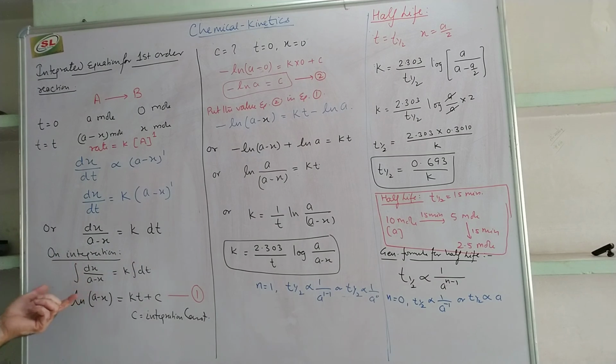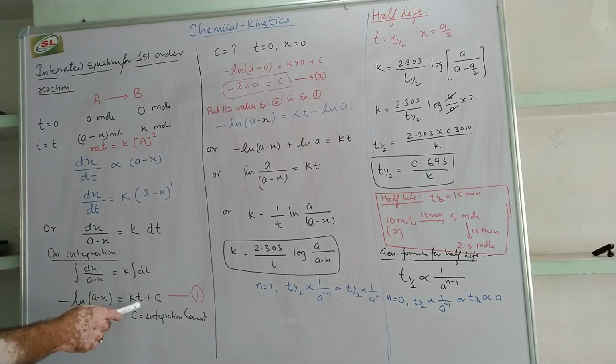On integration, the integral of dx upon a minus x is equal to k times the integral of dt. The integral of dx upon a minus x gives minus ln a minus x, equal to kt plus c, where c is the integration constant.